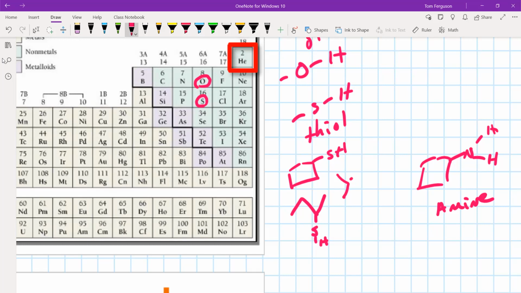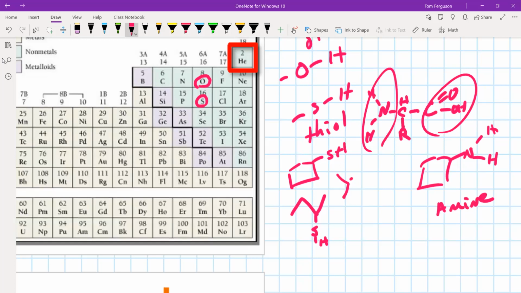This is what an amino acid looks like. And there's something here that distinguishes the different amino acids. So that's the amino side. This is the acid side, hence the amino acid.